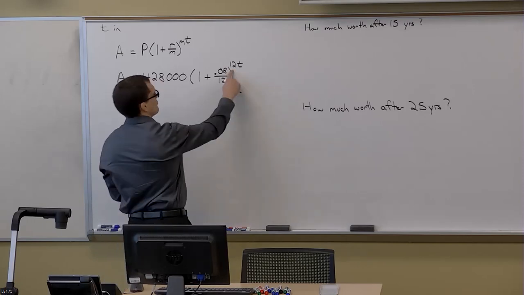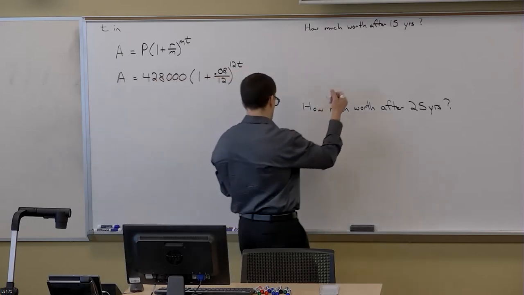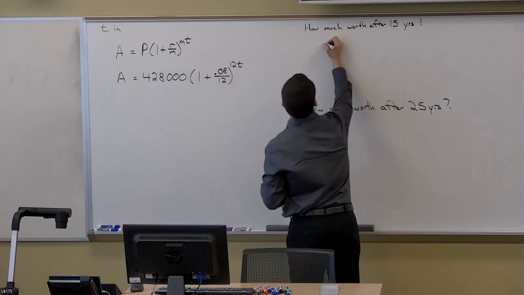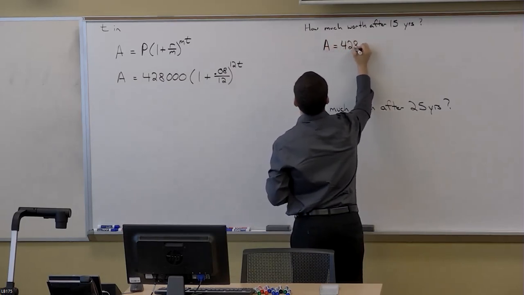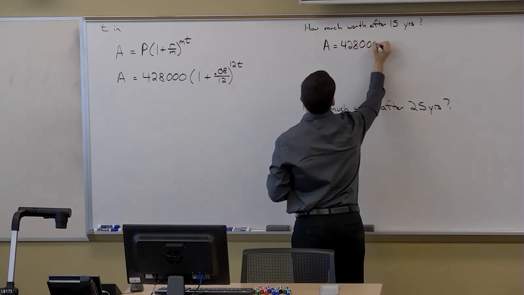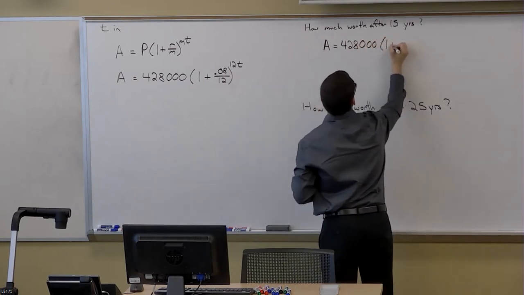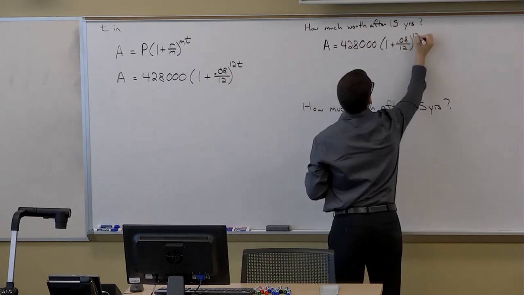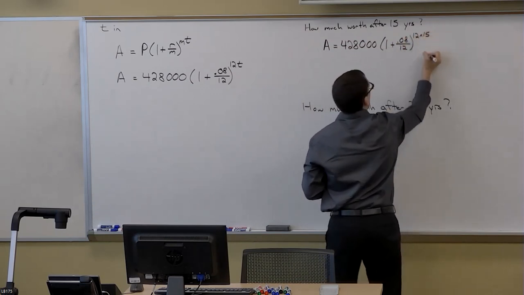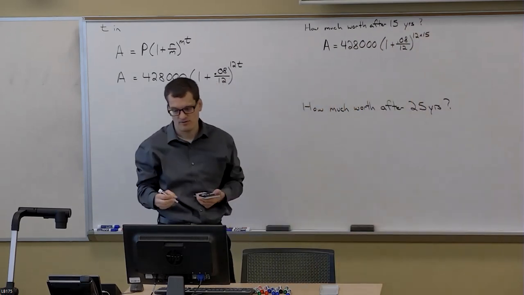When you take 12 times 15, you get 180. If you're wondering where I'm getting that, I'll just write it down this way. So the exponent's 12 times 15, which is 180.